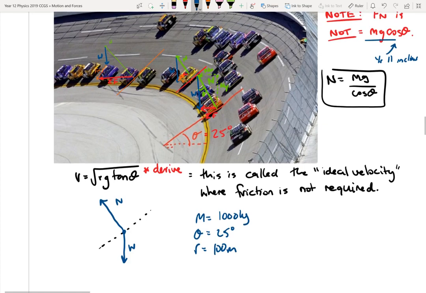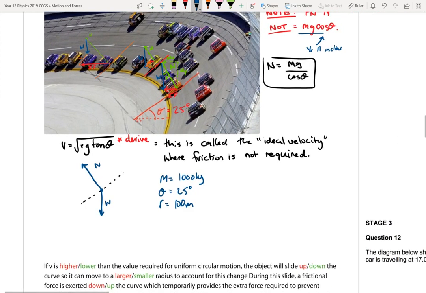Okay? So is it an ellipse? How does an ellipse change the equation? Well, at any point, it's the tangent at that point of their curve. And so, at any point, you can figure out the radius of curvature. If you're travelling in a non-uniform circle, that means your radius is constantly changing.